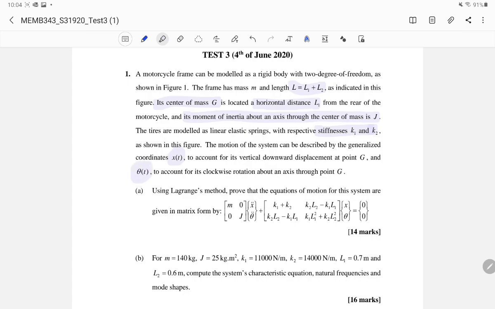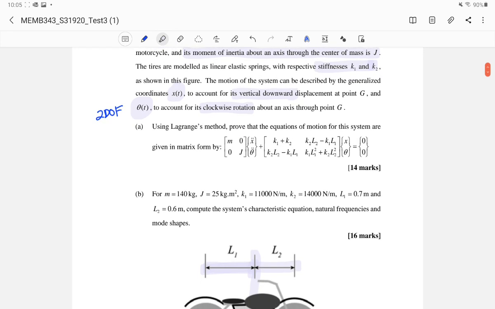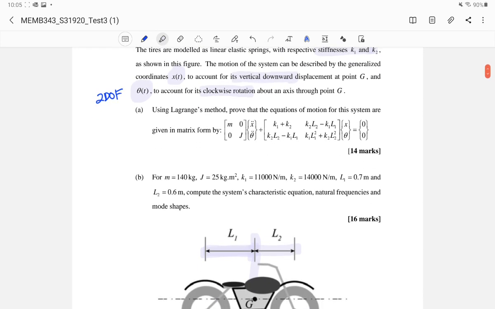That is also how you know it is a 2 degree of freedom system, when you have two coordinates describing the motion. x(t) is vertically downwards positive, and theta(t) positive is clockwise. So you want to use the Lagrange method to get the equations of motion.